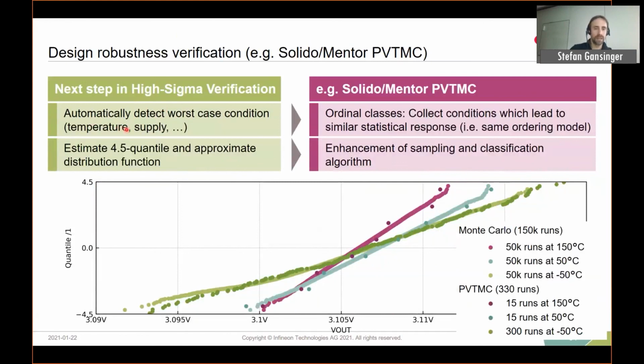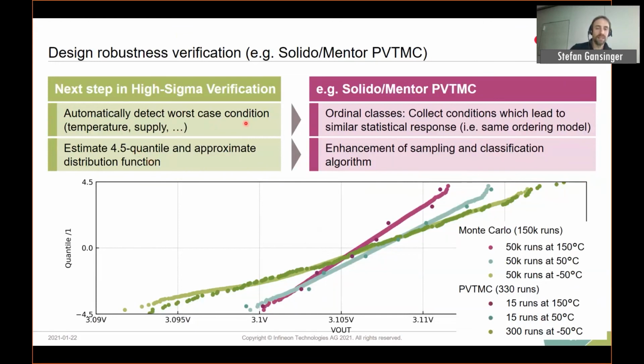So at least in theory, it finds out which temperature, which supply, which bias condition is the worst case. And only in this worst case, the high sigma verification is done. But the high sigma verification is not to extremely high sigma values. It's up to 4.5 sigma, maybe 5 sigma, which is typically sufficient for analog designs.